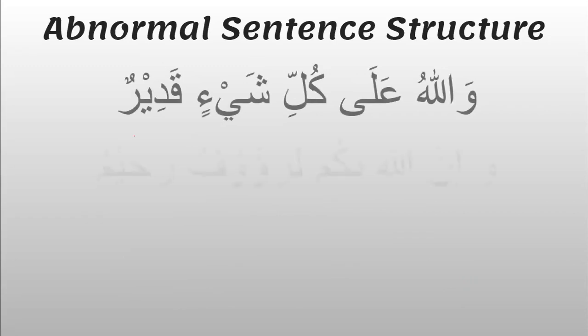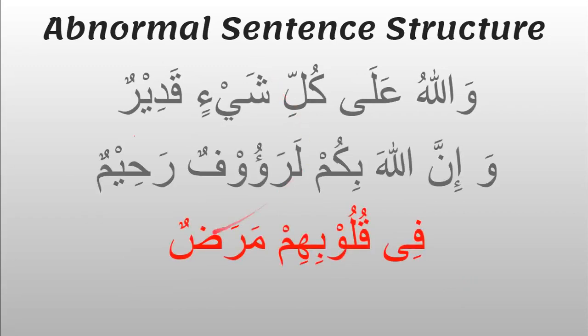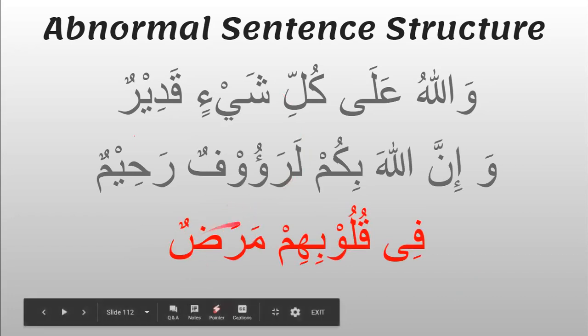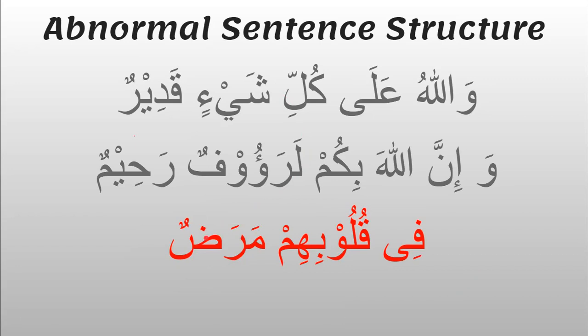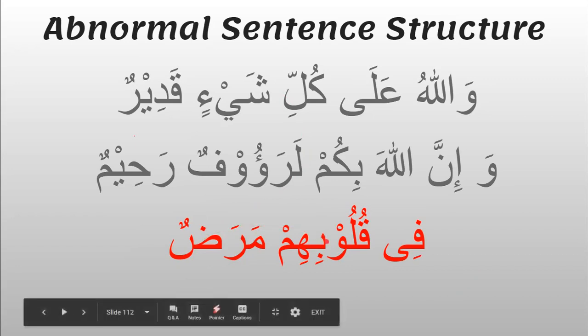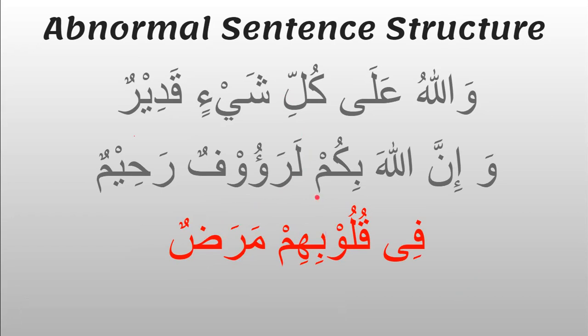But if the mubtada is common like this, then there is no ikhtisas, there is no only. It will be a regular translation, because in Arabic they cannot put a common word as the first word of a sentence. They always want it to be proper.